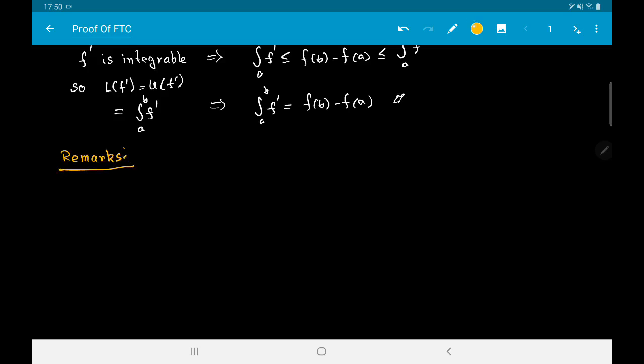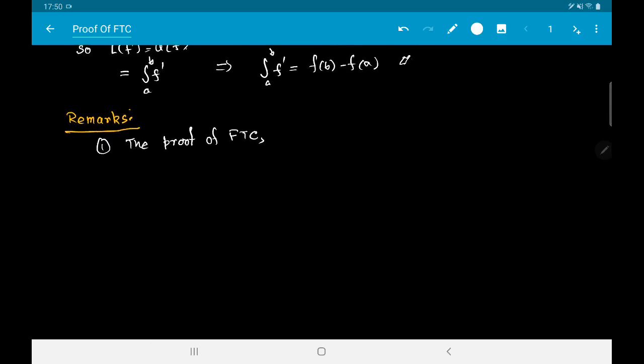So the first remark, we want to specify that the proof of the fundamental theorem of calculus, I am not writing proofs of the fundamental theorem because I want to regard the fundamental theorem of calculus as one statement.